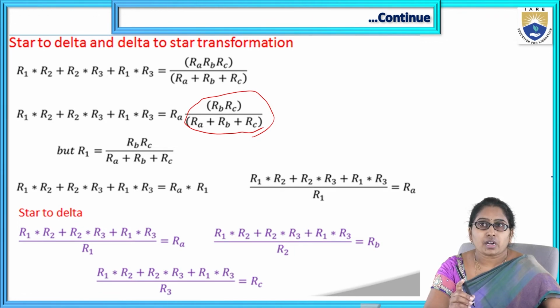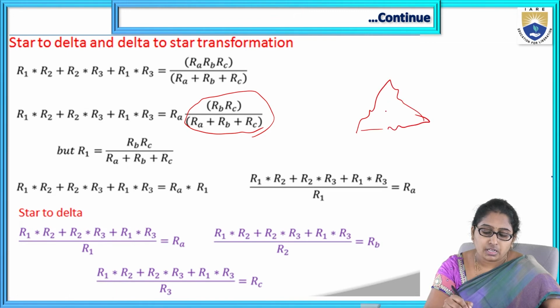If we remember the equations, that means if a delta circuit is given, how to write its star network elements by drawing a circuit like this. Suppose a delta is given, then how to write its equivalent star.